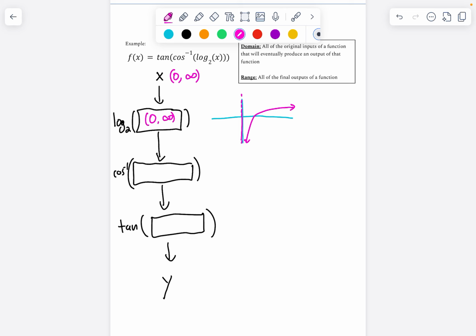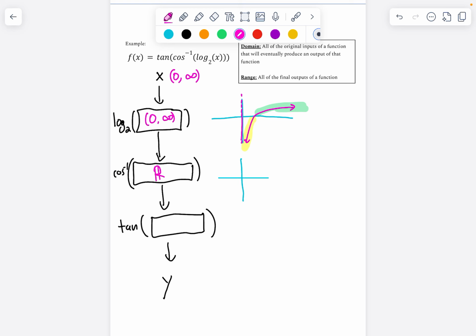Next, we're going to take cos inverse of log base 2 of 0 to infinity. Well, log base 2 of 0 to infinity outputs all real numbers. We get all the negative numbers over here. We also get all the positive numbers, and they go on and grow forever. But if we sketch cos inverse, we don't actually accept all those real number inputs.